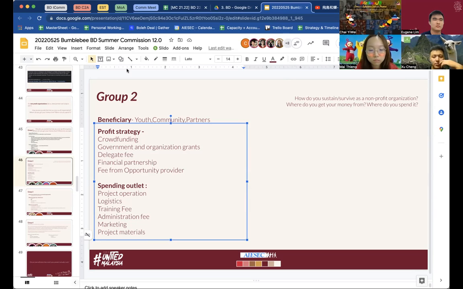For grants and government donations, it takes a lot of processing time to get those grants, and we are not always guaranteed them. That's why we try to keep our sales more towards financial partnerships, and also get the partners involved in our events to make it more sustainable. That's what I would say.